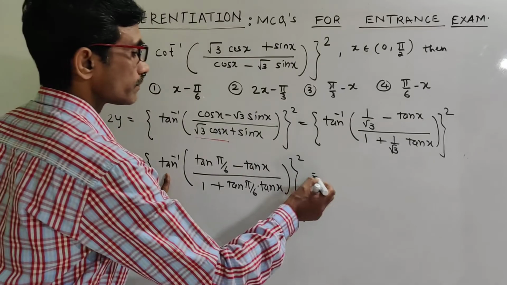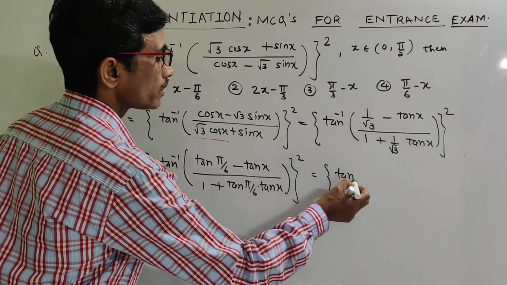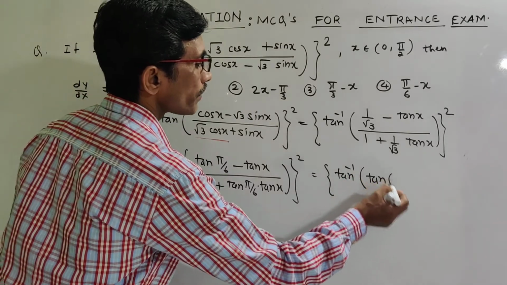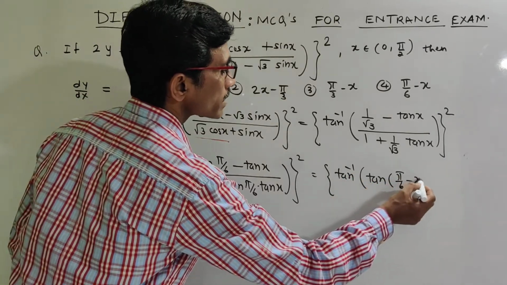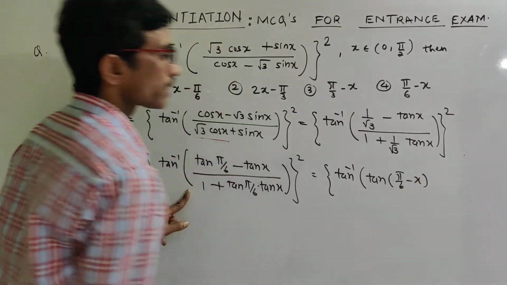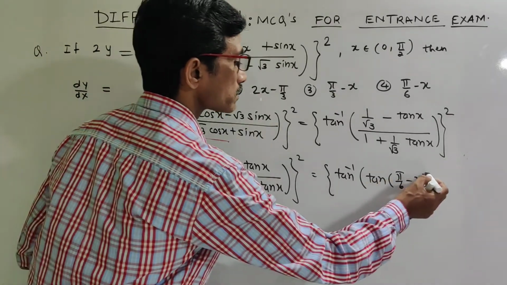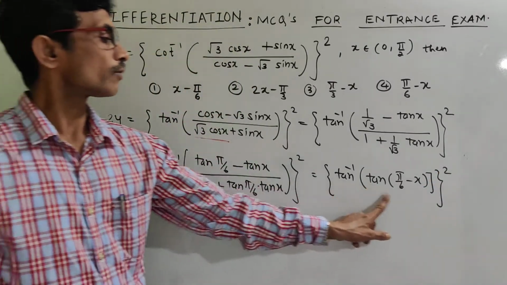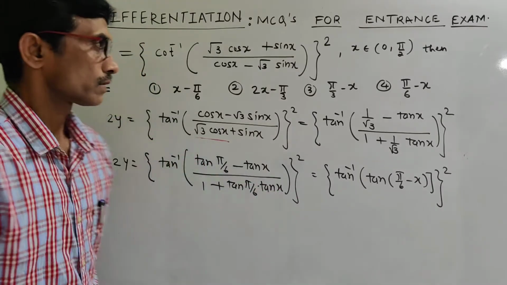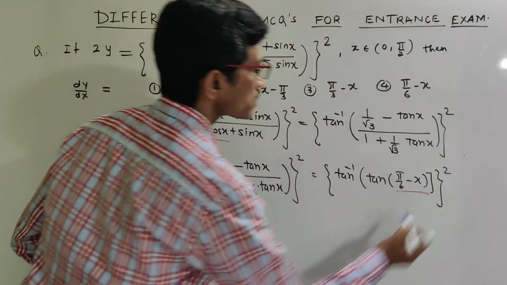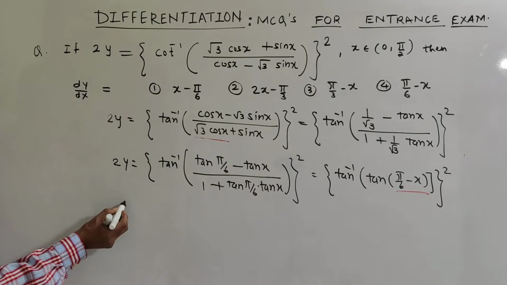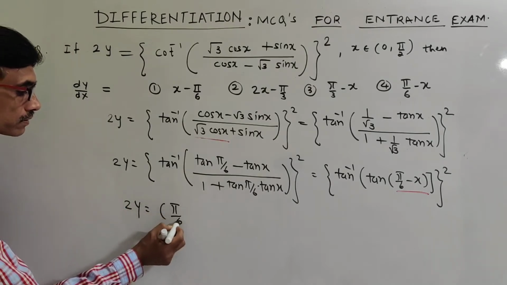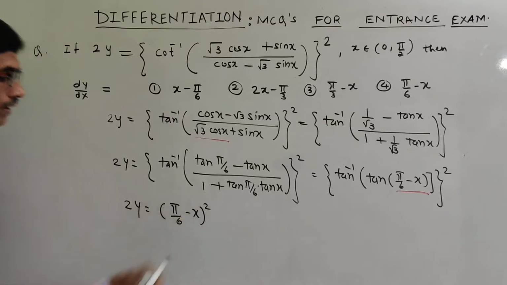So this will be tan inverse of tan of (pi by 6 minus x), and whole square. Now tan inverse of tan of (pi by 6 minus x) will be only pi by 6 minus x, and bracket square. So our 2y is equal to (pi by 6 minus x) bracket square.